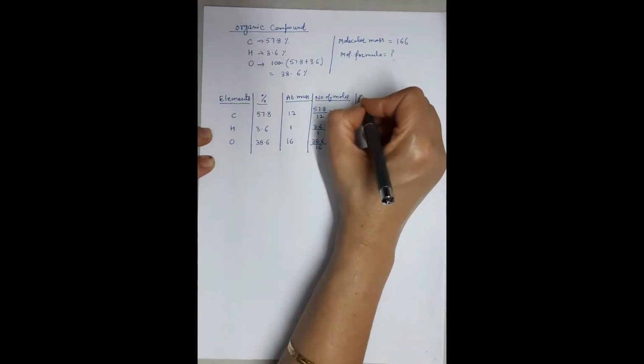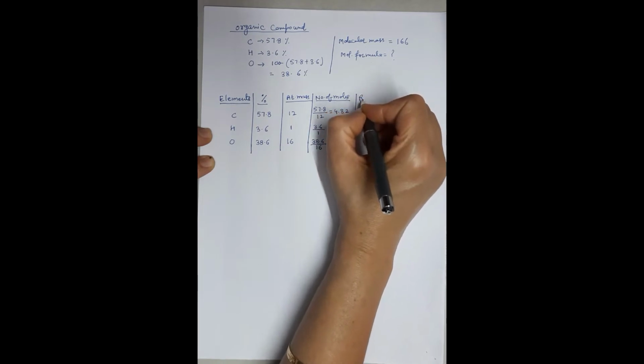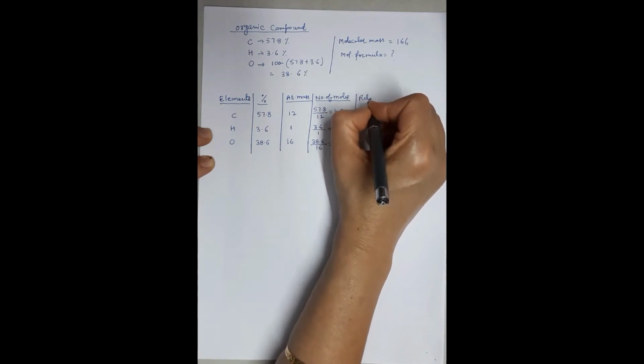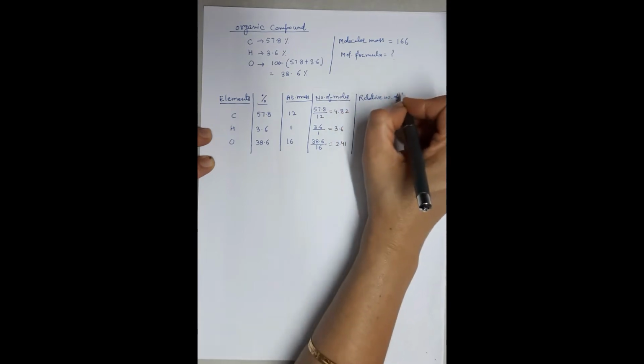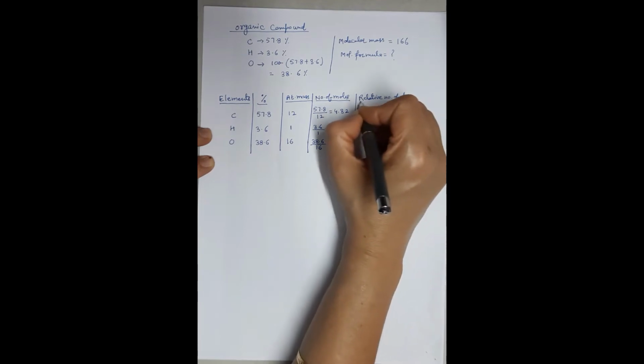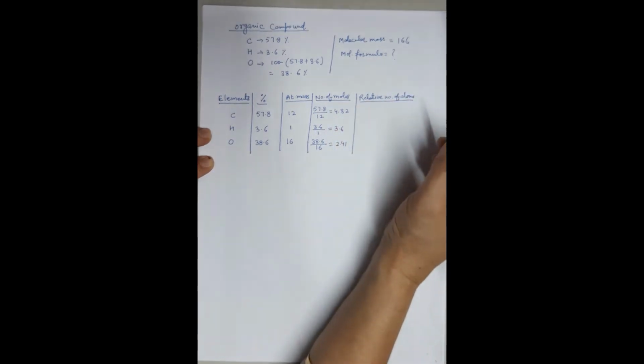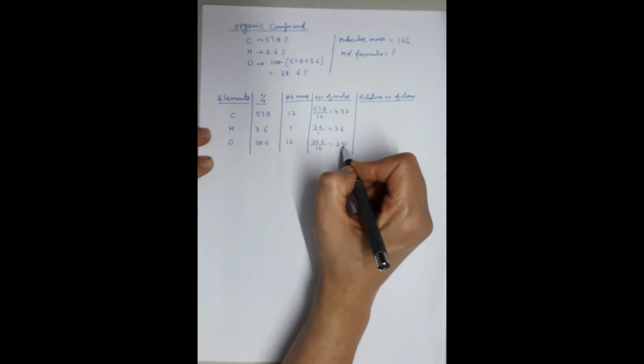Next we'll calculate the relative number of atoms. You know, out of the three, 2.41 is the smallest.